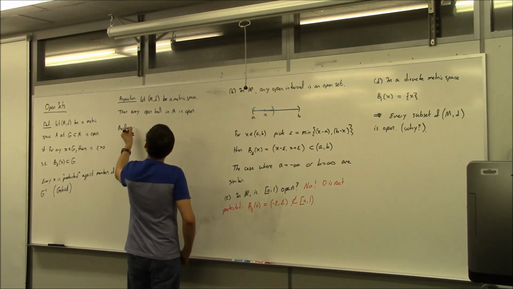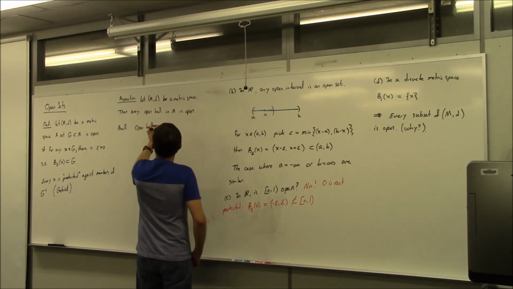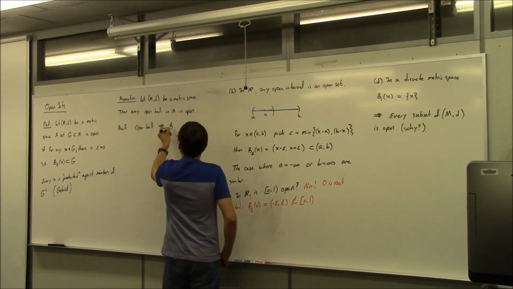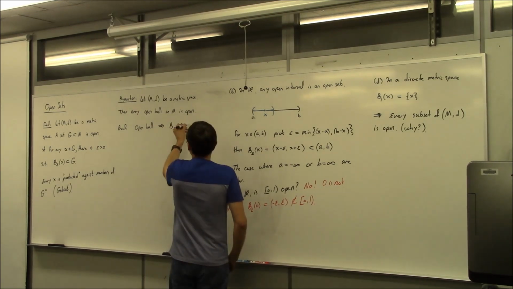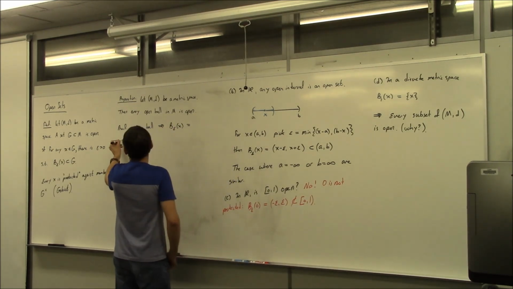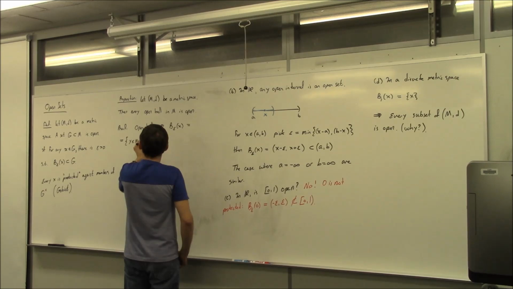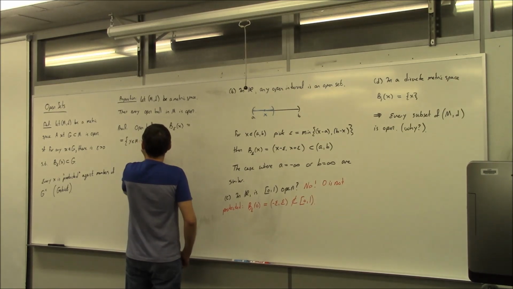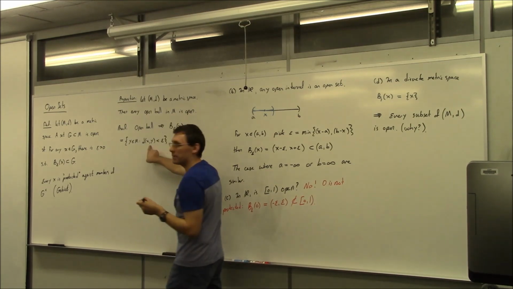Open ball means some ball of radius r around x. And what is this? This is simply the set of y belonging to M such that the distance from x to y is less than epsilon. So nothing in the statement makes it open.